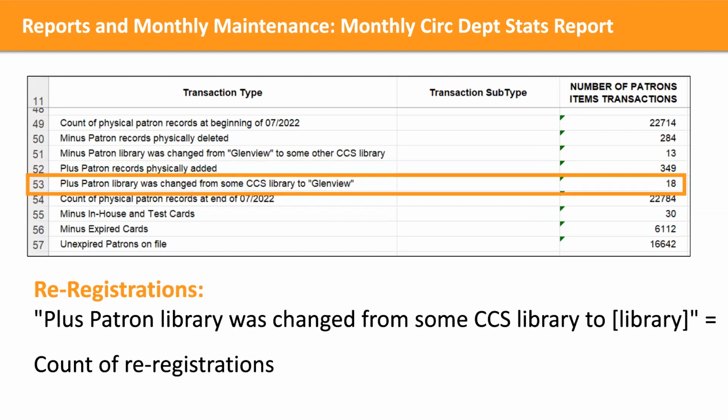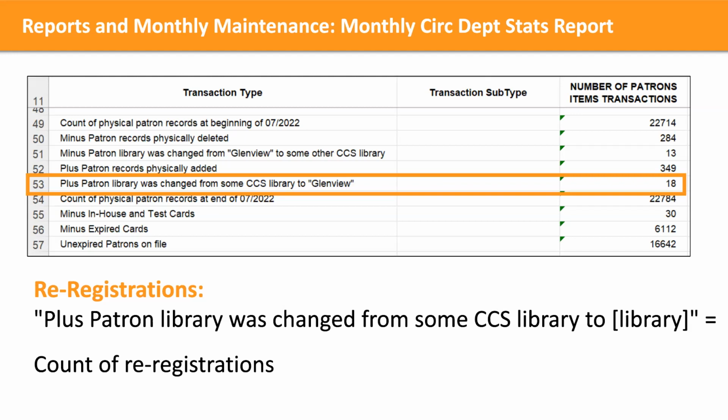Right below that, line 53 in the screenshot, is a line titled plus patron library changed from some CCS library to your library. So this is the count of users who moved into your district and re-registered their card.